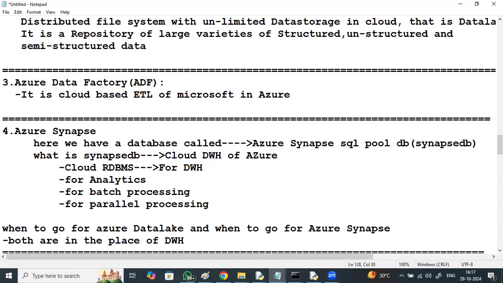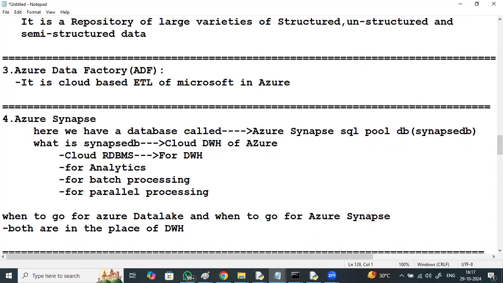But we go for Azure Synapse if data is structured.